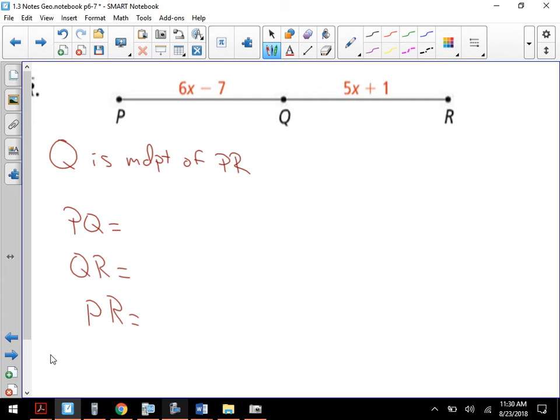I know that PQ is 6x minus 7 and QR is 5x plus 1. But the very moment I put in that term, Q is a midpoint, that means what with the two segments? Very good, they're equal. So in my diagram, what I would normally do is put a quick tick mark in, knowing that they have to be the same. Algebraically then, what do I do to solve for x?